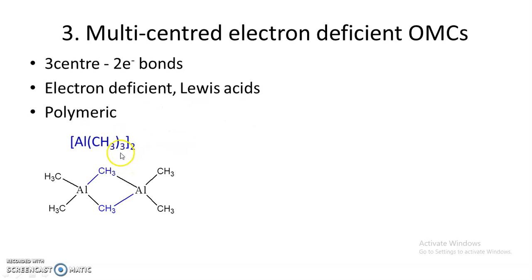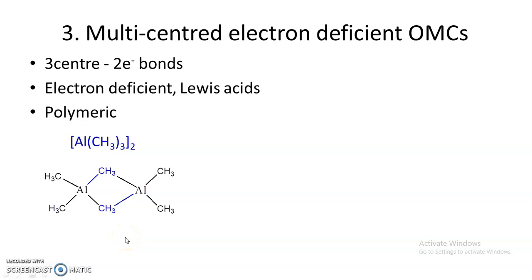For example, trimethyl aluminum exists as a dimer. This is the dimer of two trimethyl aluminum compounds. There are two bridges: aluminum, methyl, aluminum is one bridge, and aluminum, methyl, aluminum is the second bridge.